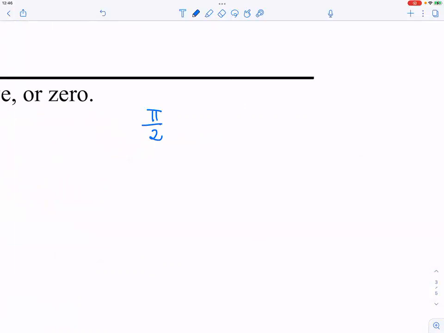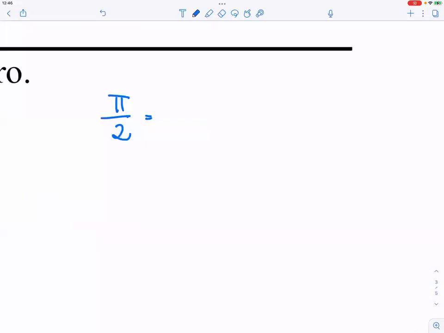Would you agree that pi over 2 is the same thing as 2 pi over 4? Are they equal? Can you see how they're equal?